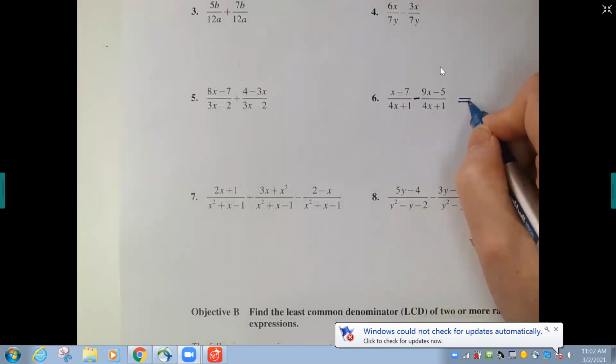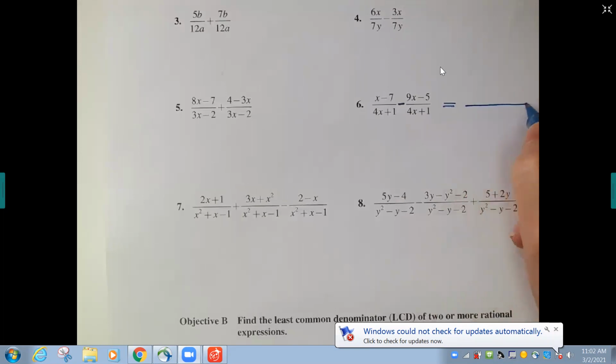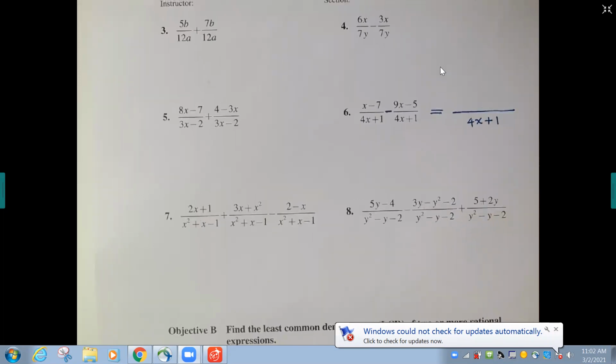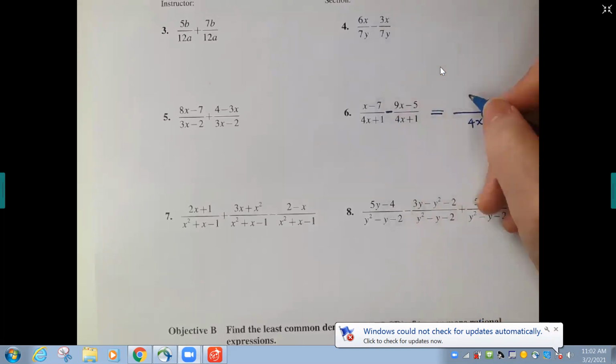So to subtract two rational expressions, when they have the same denominator, we keep the denominator. 4x plus 1 is on the bottom. And then we use the numerator 1, which is x minus 7.